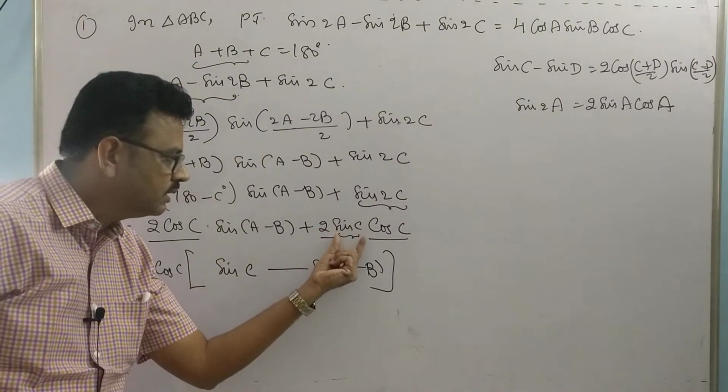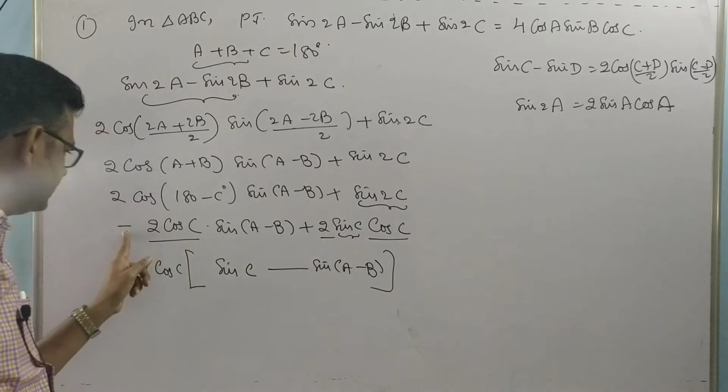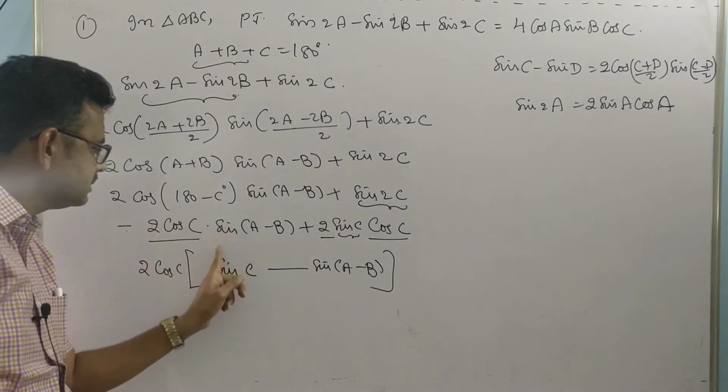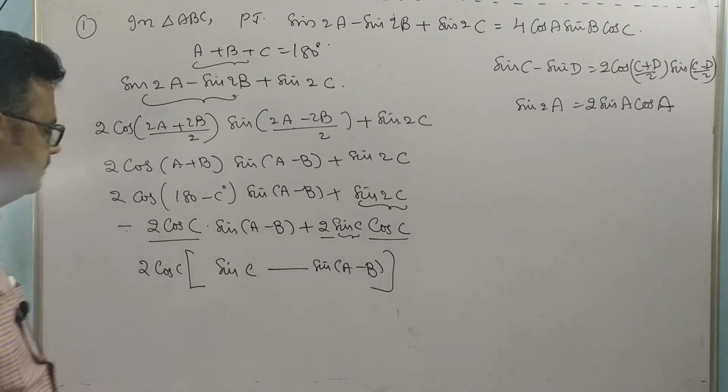First I write this one, sin C, and it is minus, minus sin of (A minus B).